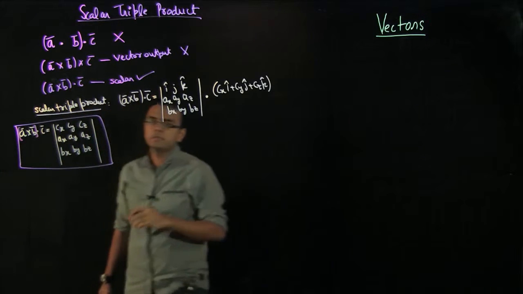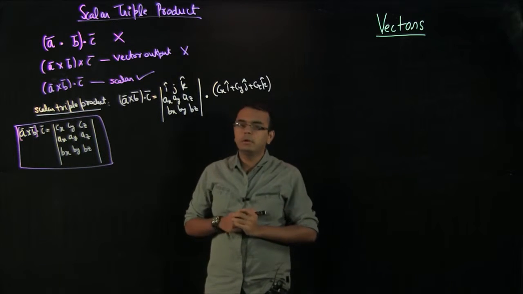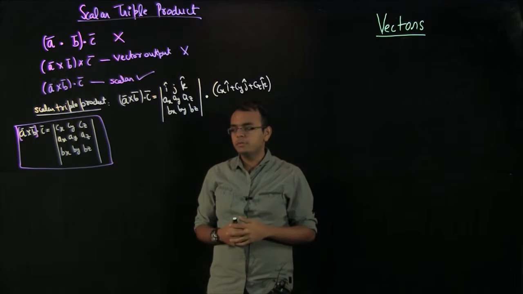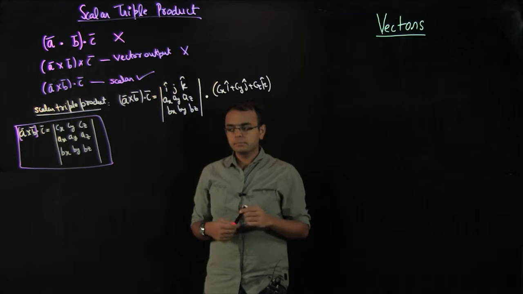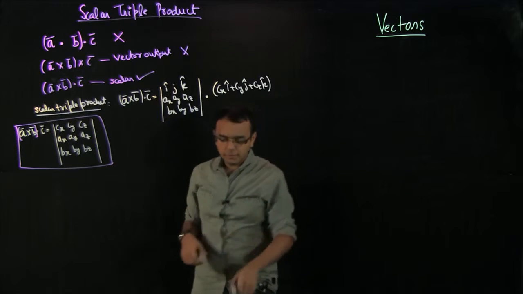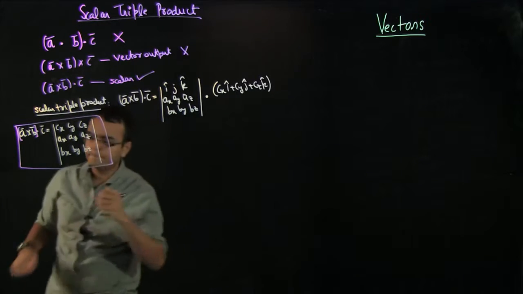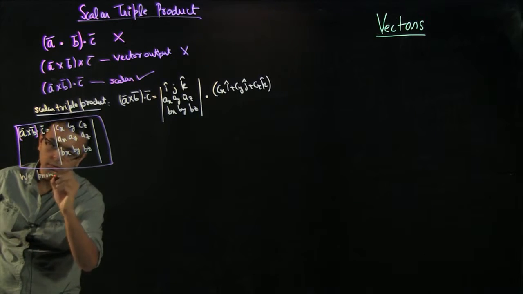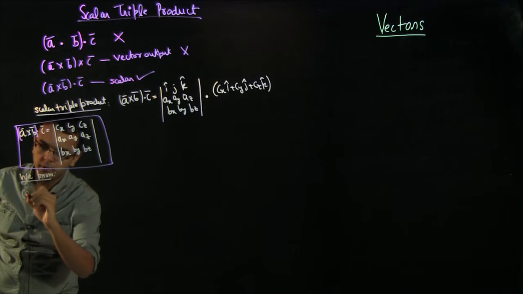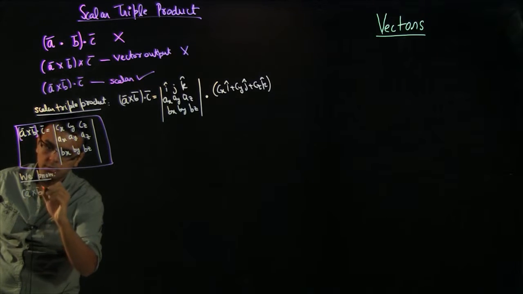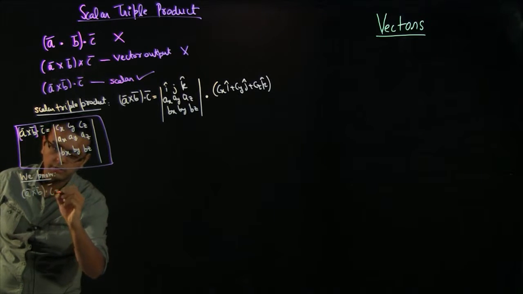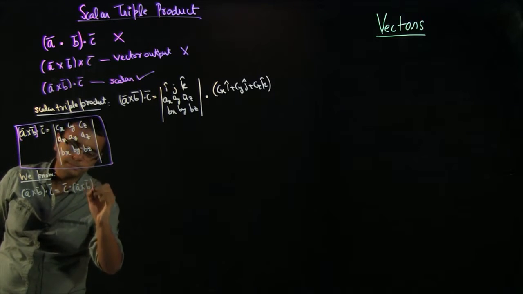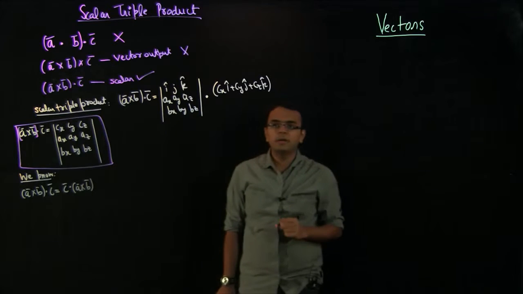Okay, you have your first dotting A cross B with C, A cross B dot C. Now can you see something else also which might or might not be that obvious? Basically we know that A cross B dotted with C is equal to C dot A cross B, right?